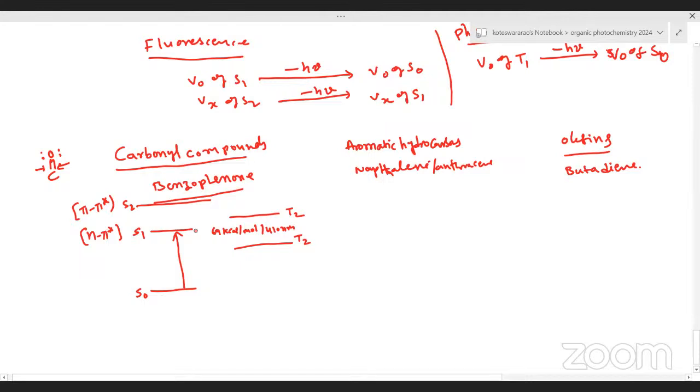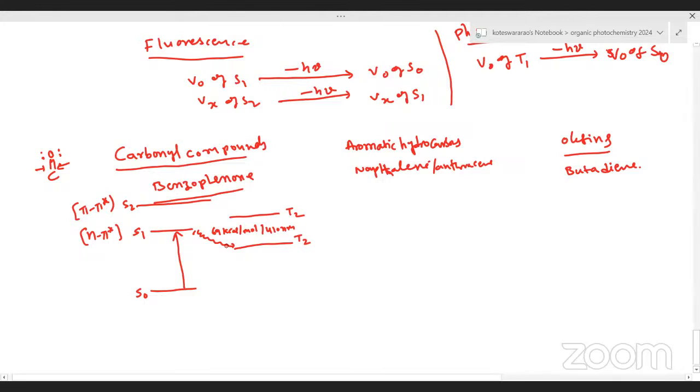Then it simply undergoes intersystem crossing, because there is no big differentiation between the S1 state and the T1 state, as both have nearer energy.